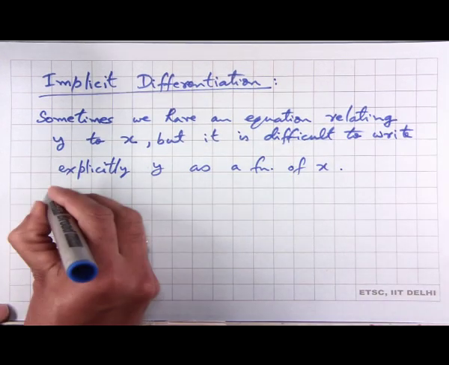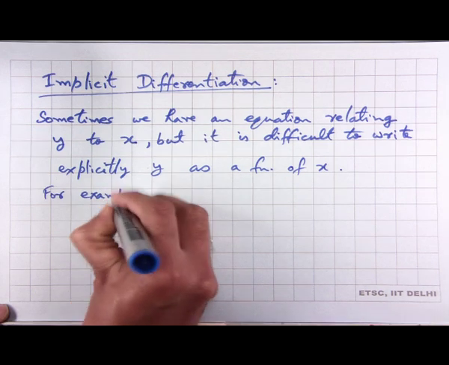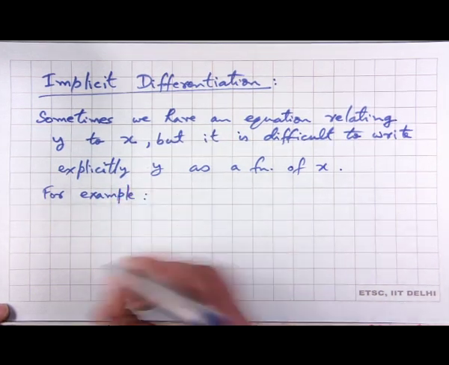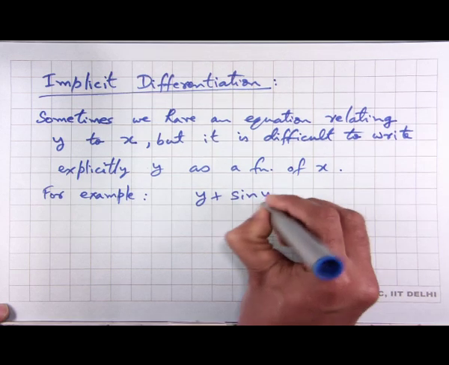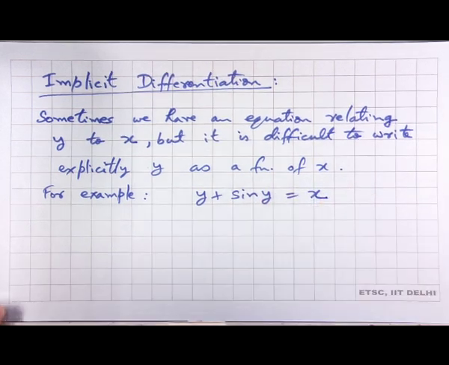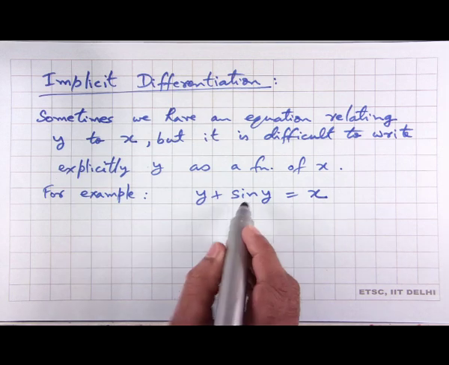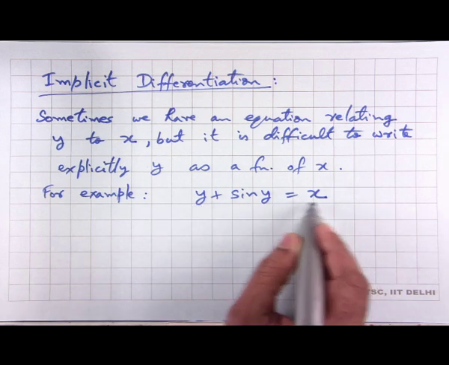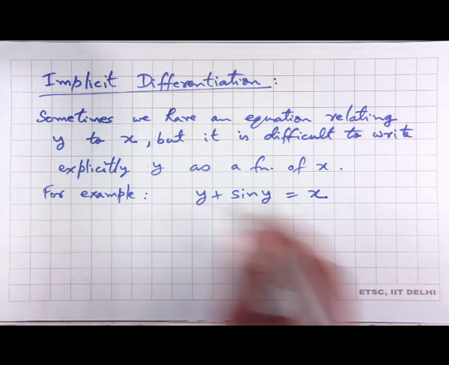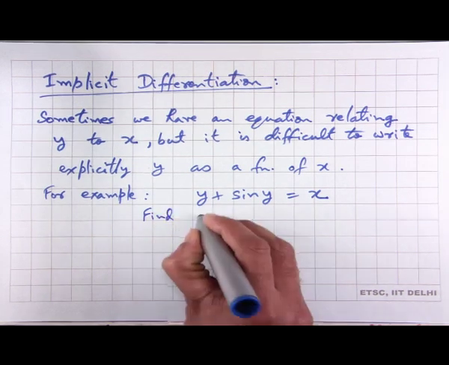For example, suppose we are given y plus sin y is equal to x. Here we know that y depends on x, but it is not possible to write y directly as a function of x, and we want to calculate dy dx. So, our aim is to find the derivative dy by dx.